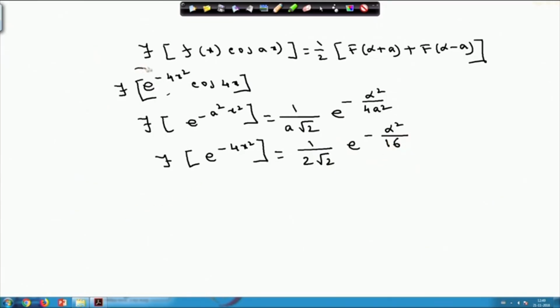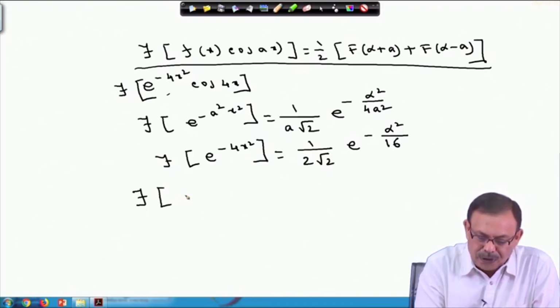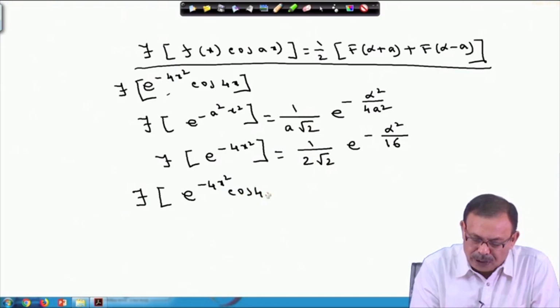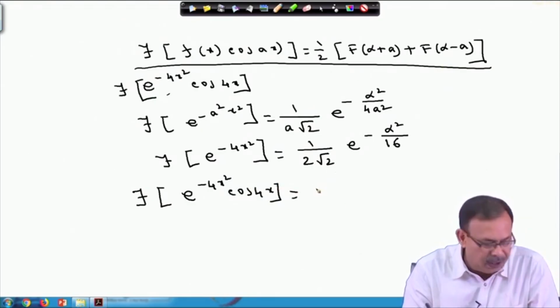So, using this property, since I know the Fourier transform of e power minus 4x square, the Fourier transform of e power minus 4x square into cos of 4x will be equal to half into F of alpha plus a plus F of alpha minus a.